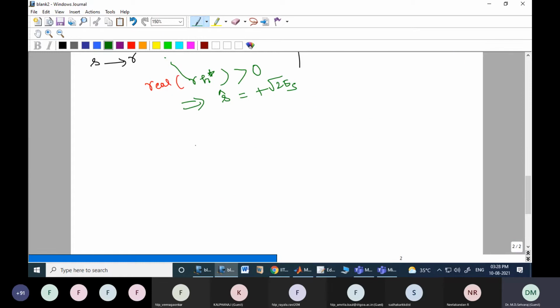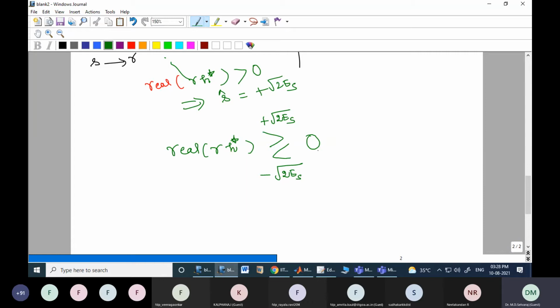So I'll write both in one equation: real of R H star compared with zero. If it is greater than 0, I consider this plus square root of 2s. Otherwise, this is minus square root of 2s. This is what I do in the programming. Es is equal to 1, therefore it is either plus square root of 2 or minus square root of 2.